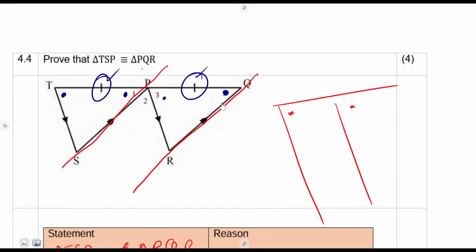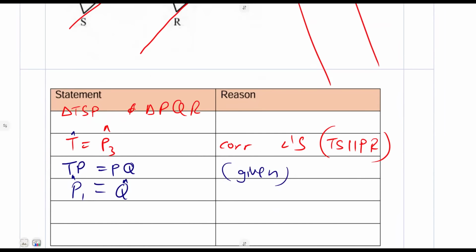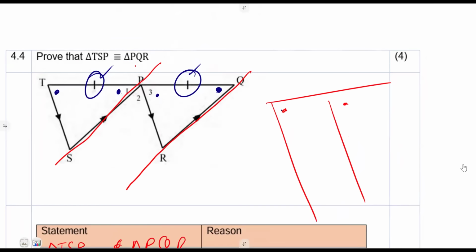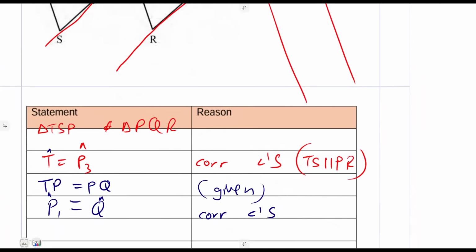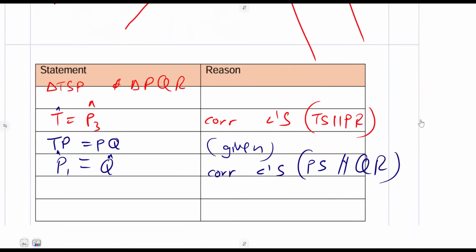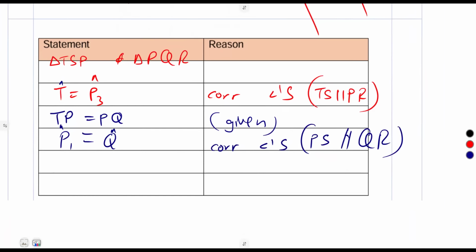They are corresponding angles, since PS and QR are parallel. So therefore, you can say these two figures are congruent because of the reason angle, side, angle.